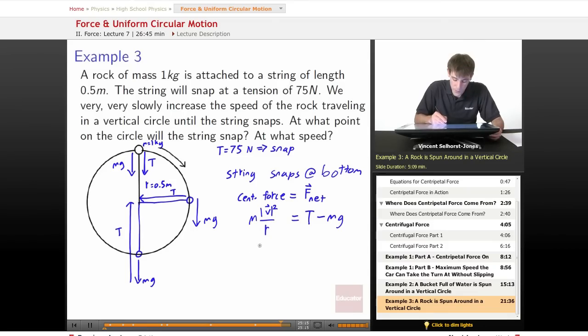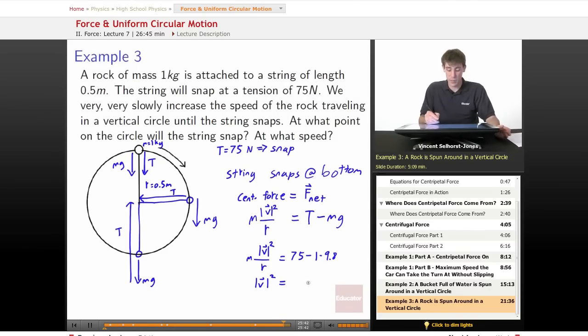So v squared m over r equals 75 minus 1 times 9.8. We move things around some more. We get v squared, the absolute value of v squared, speed squared, is equal to the radius.